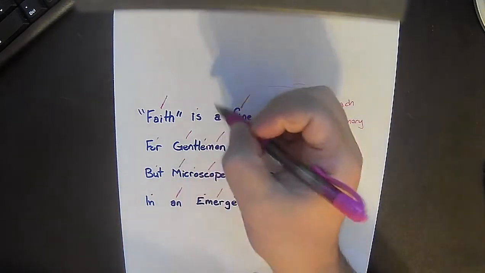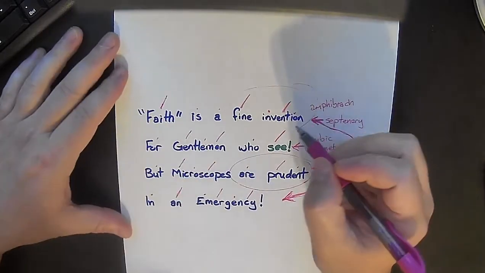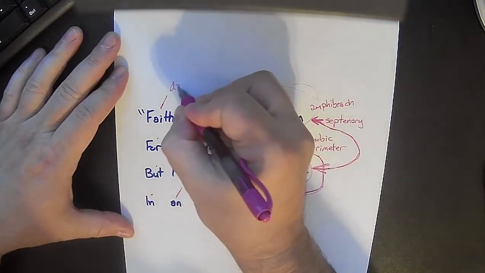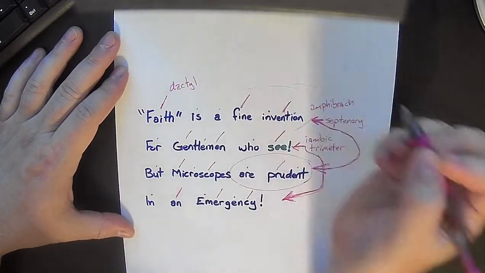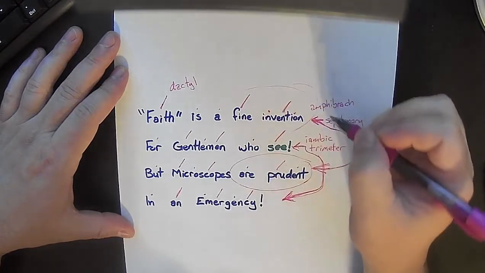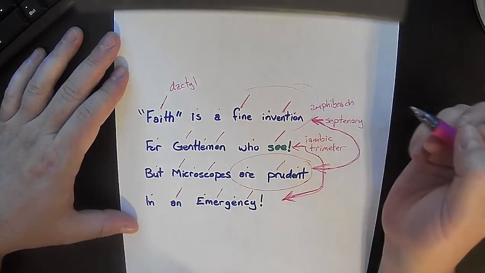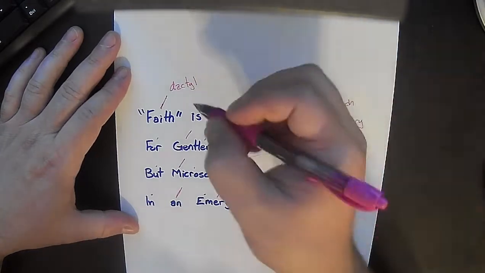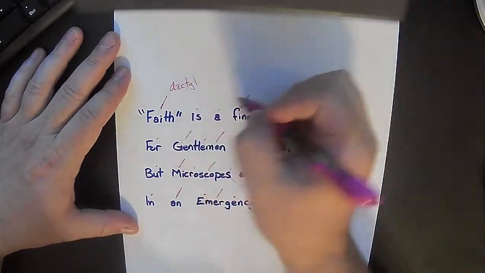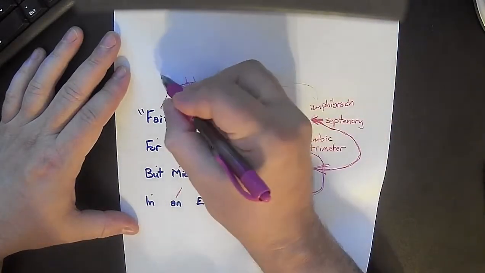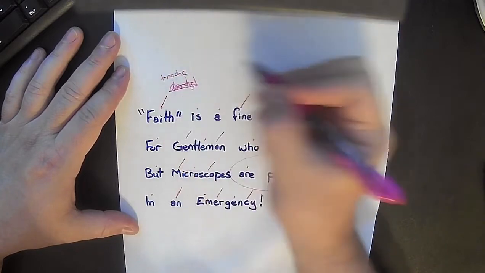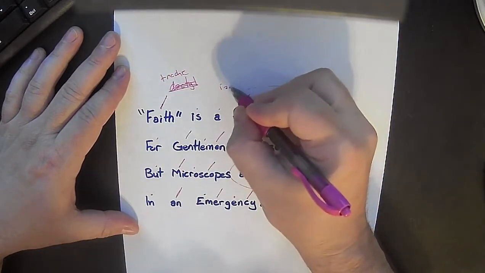So we have faith is, we're starting with a dactyl. And then fine invention. Actually, I think I thought about this before. It's not starting with a dactyl. It's actually doing something very familiar. She's starting with a trochee and then an iamb.